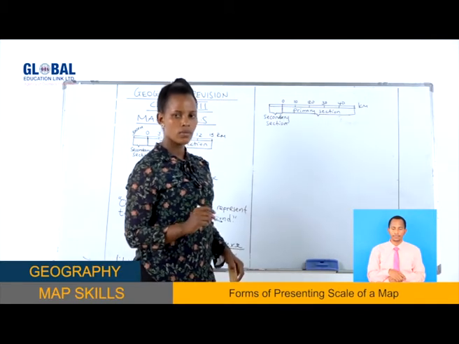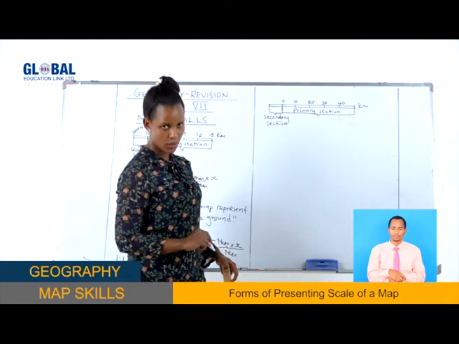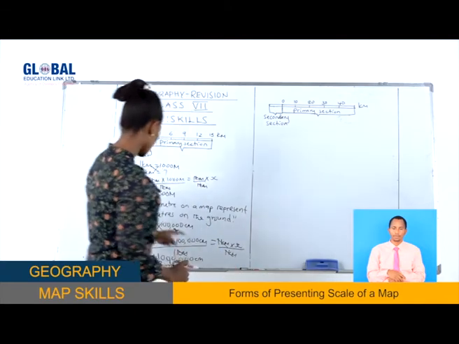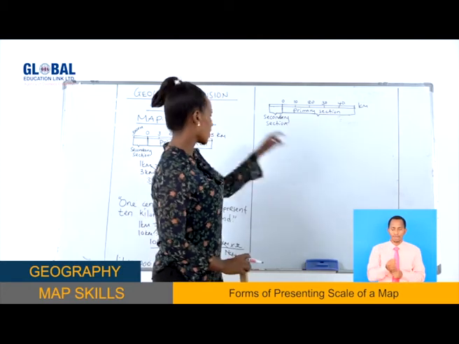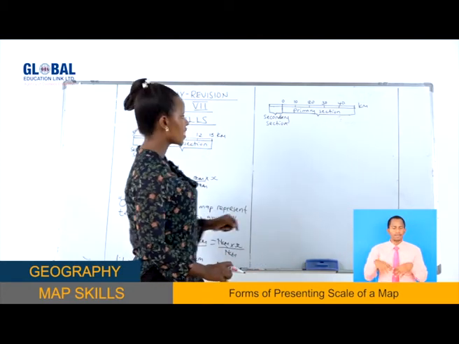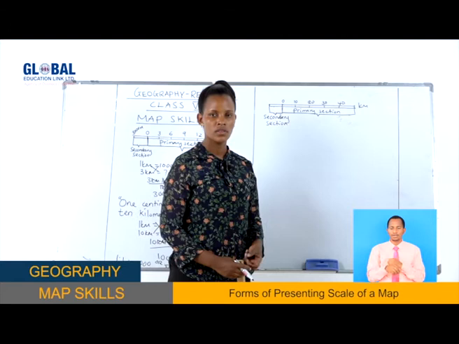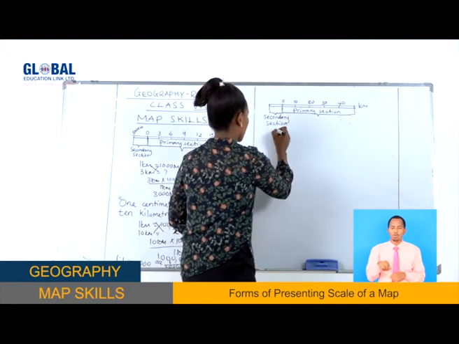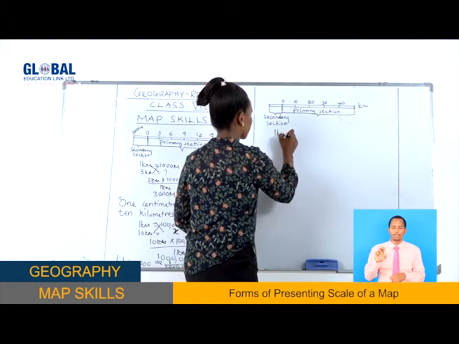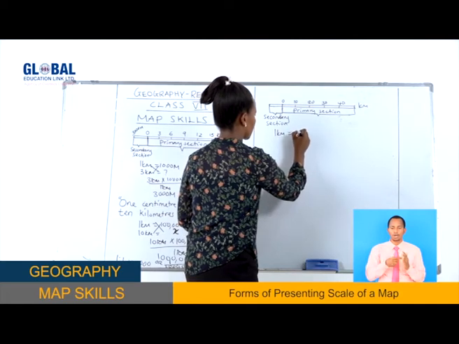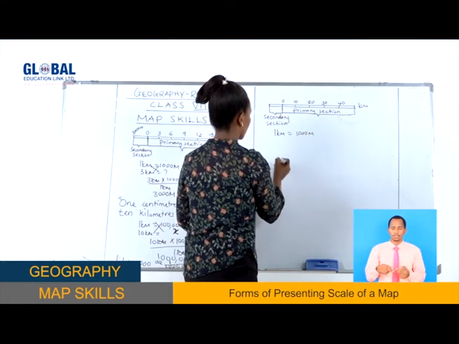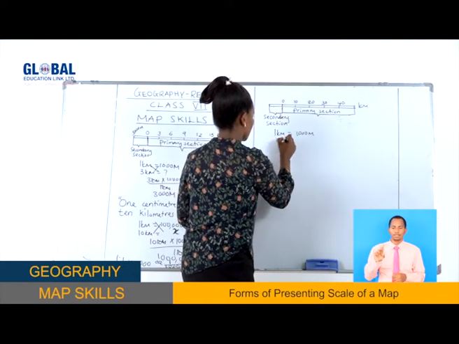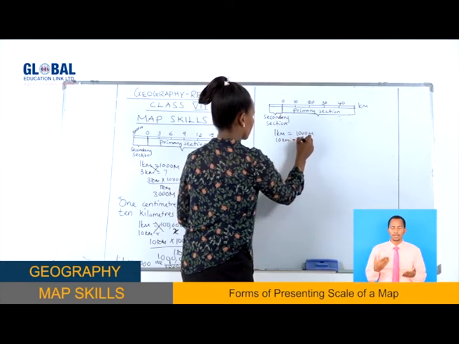If for 1 centimeter we have 10 kilometers in our statement scale, it is very simple. You change the kilometers, 10 kilometers, into meters. We take the constant formula from the metric table that 1 kilometer is equal to 1,000 meters. Then 10 kilometers will be how many meters?